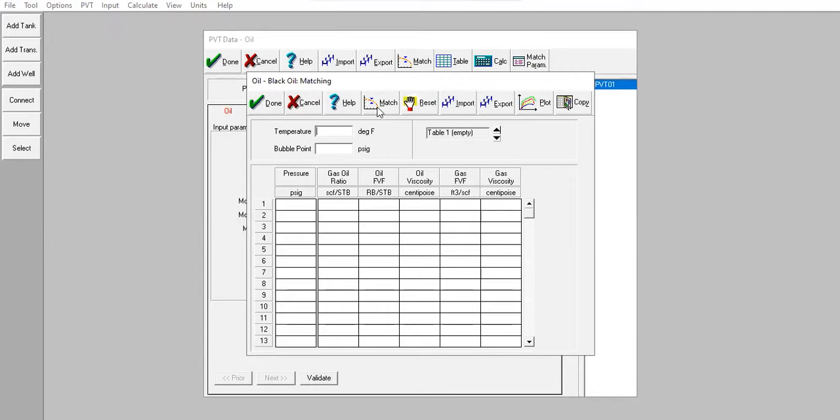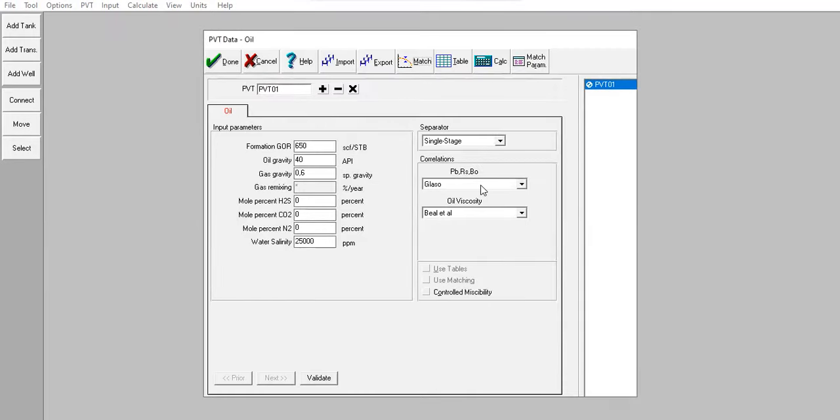But I will skip this matching now for this video. Cancel. And for the correlations, I use Glaso for bubble point pressure, solution GOR, and oil formation volume factor. For oil viscosity, as usual, I prefer Beal et al. But of course, if you have laboratory data, real data, you can do matching and select the best correlation.